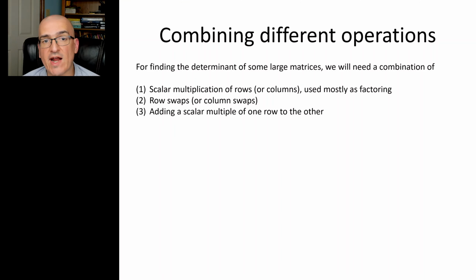So we use this as a factoring type move: factor constants out of rows and columns, and put them in front of the determinant. And then replacing a row by itself plus or minus a multiple of another row, that's a free move. We can do that as much as we want. We don't have to keep track of any change to the determinant from that because there is no change.